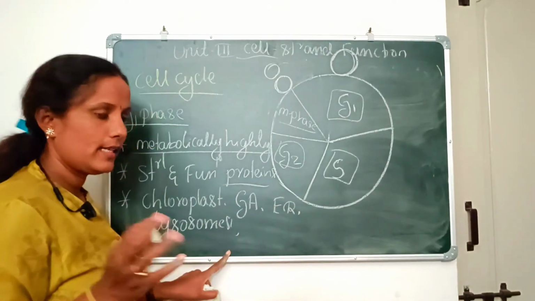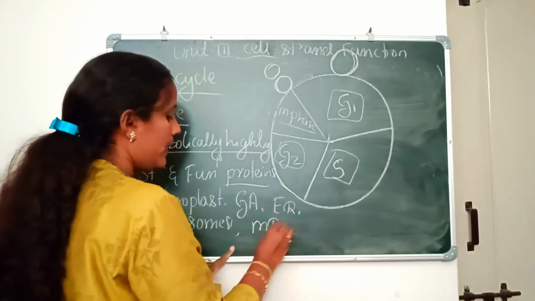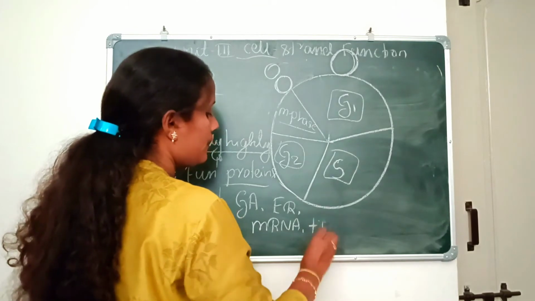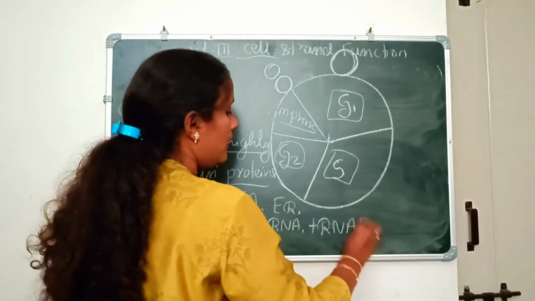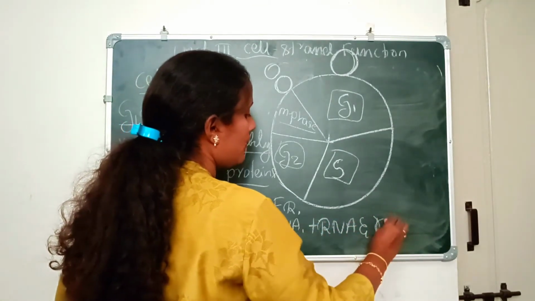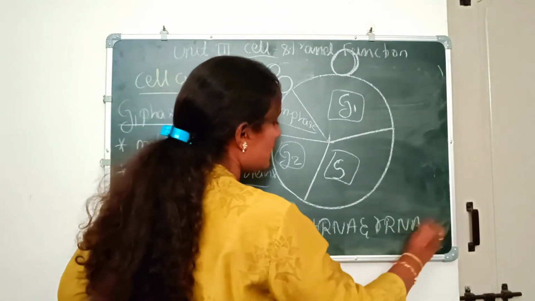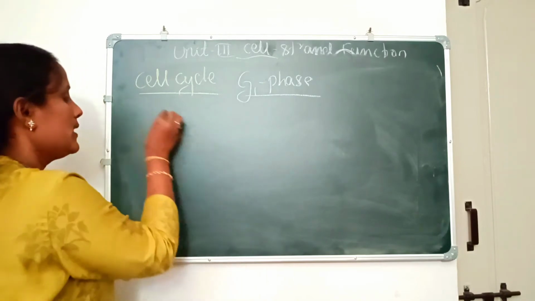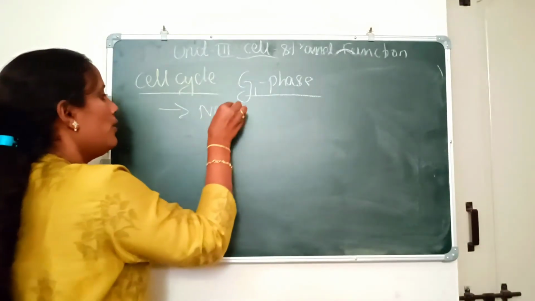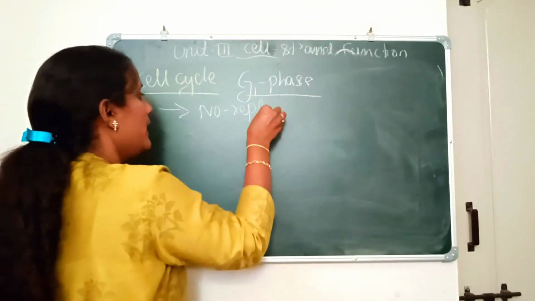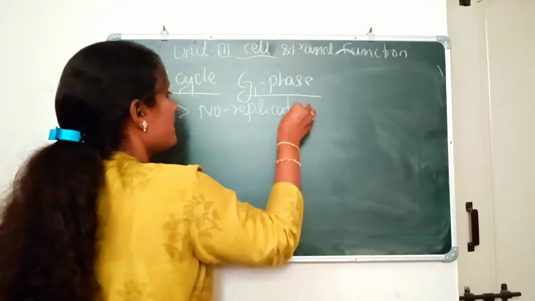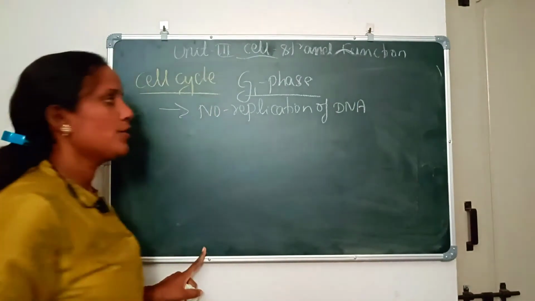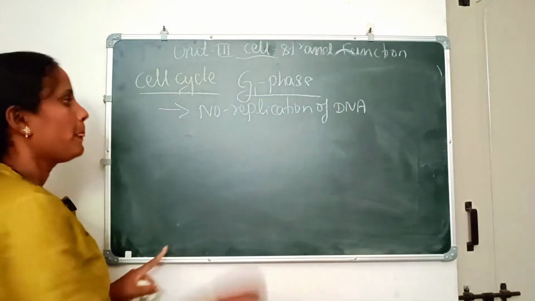We know that there are 3 types of RNAs: mRNA, tRNA, and rRNA get synthesized. During the G1 phase, there is no replication of DNA taking place. The DNA replication will not take place.